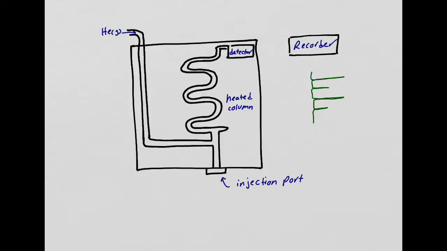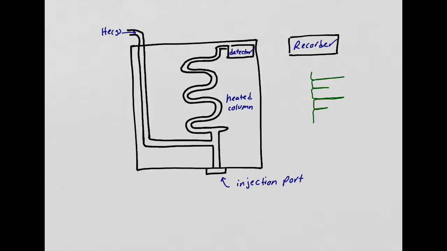Now, the compounds that have a higher boiling point, they're going to elute slower. They're going to have a longer retention time to get to the detector. And then you're going to have a recorder, and you are going to get a graph that looks like this. Basically, you're going to get peaks.